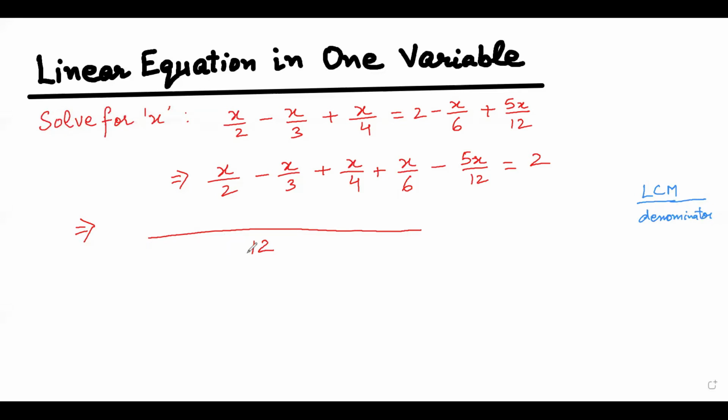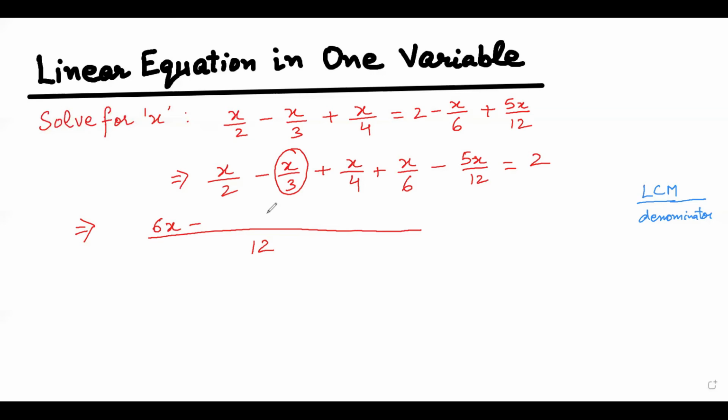So what is the LCM? 12. We divide 12 by 2 and we get 6. So we multiply x by 6, and we write 6 into x. Similarly, in the second fraction, is the denominator equal to the LCM? No. So we apply the same thing again.